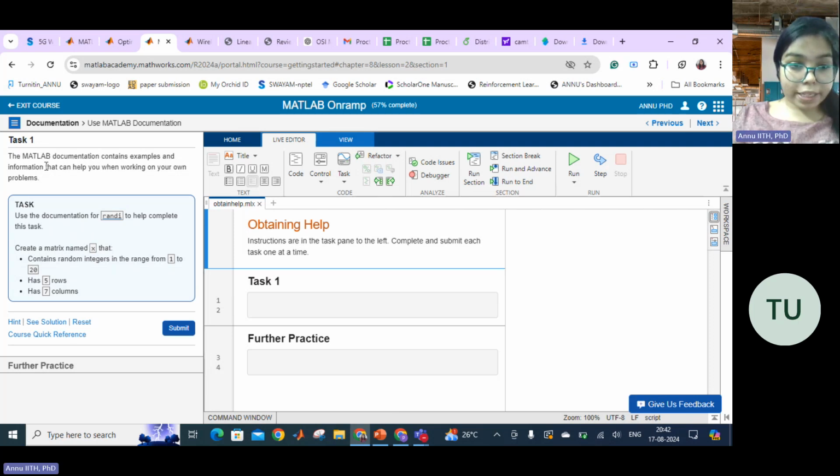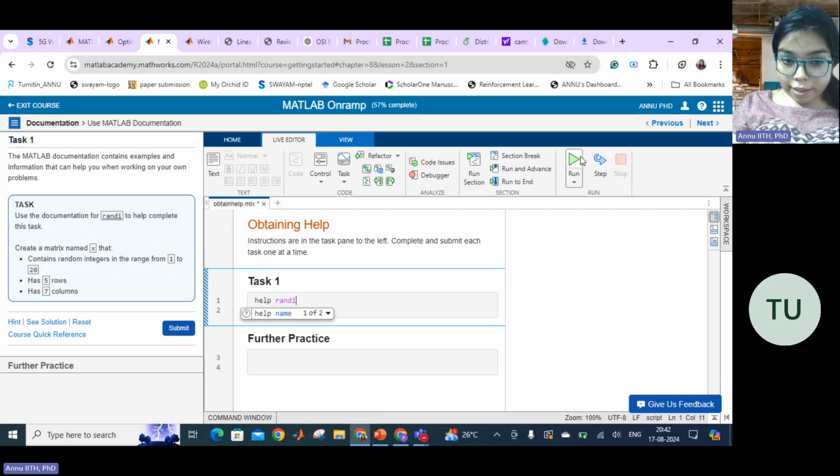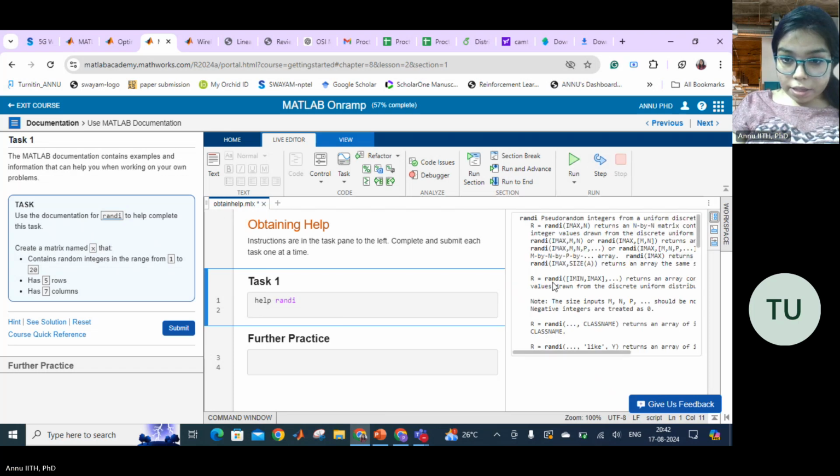The MATLAB documentation contains examples and information that can help you when working on your own problems. If you want to see the documentation for RANDI, we can type help RANDI and run this. It gives all the possible information. If you don't know anything, you can just type this.